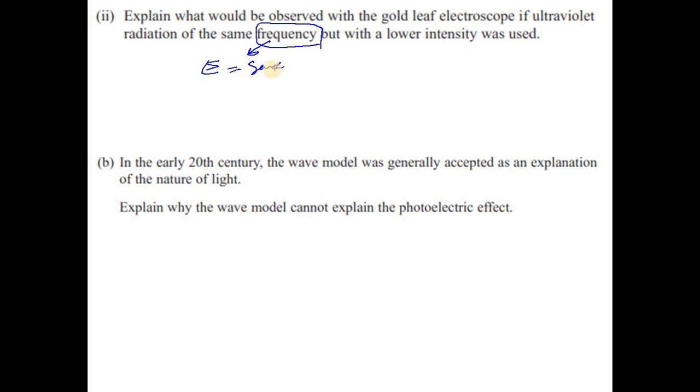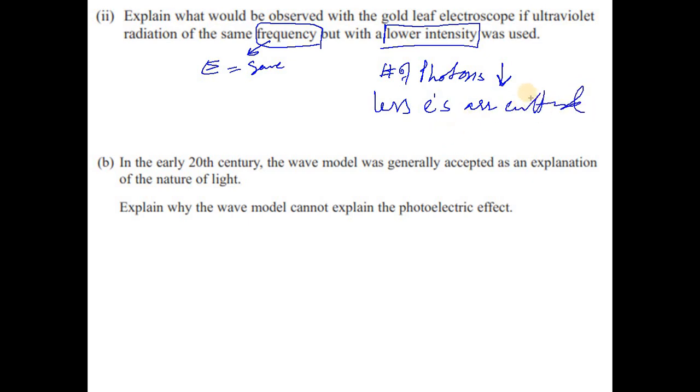That means electrons are still going to be emitted from the zinc plate, but due to lower intensity, the number of incident photons decreases, due to which fewer electrons are emitted from the plate.